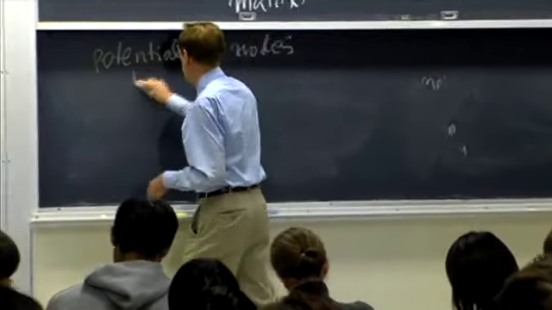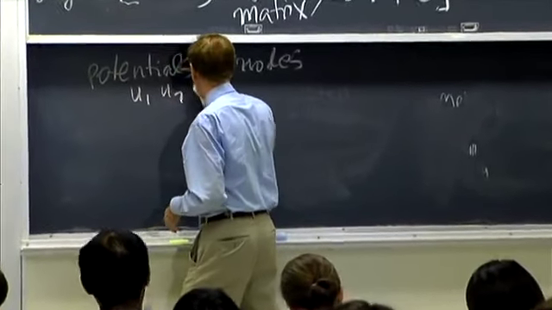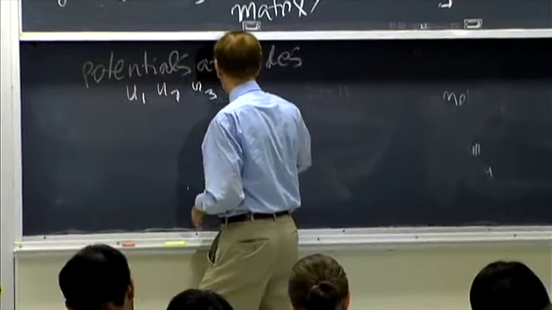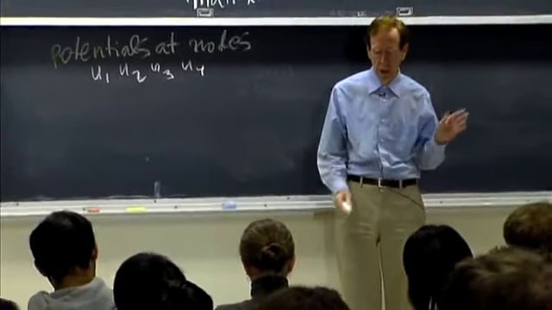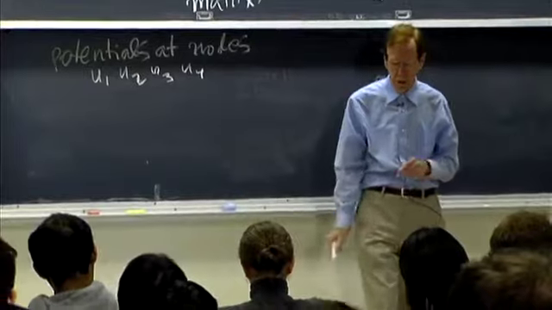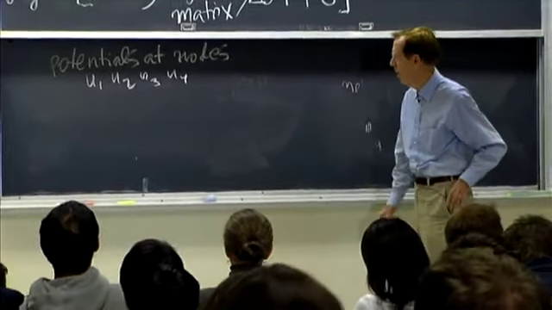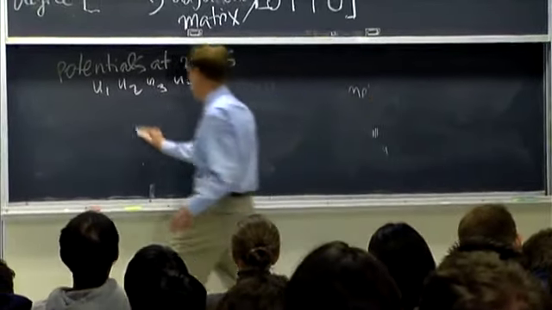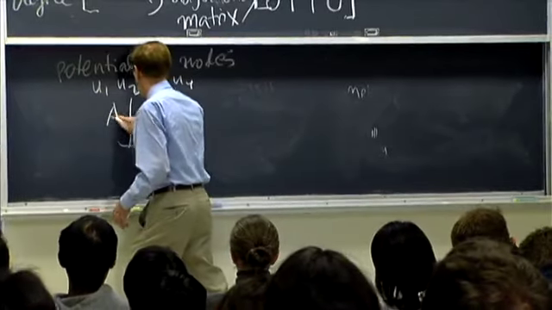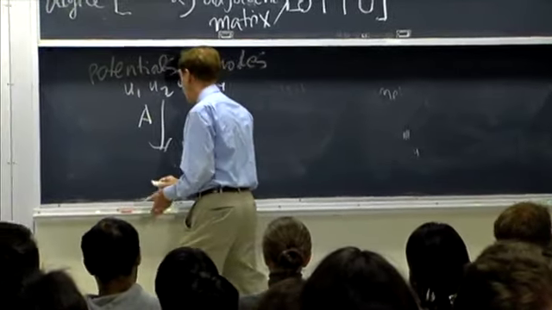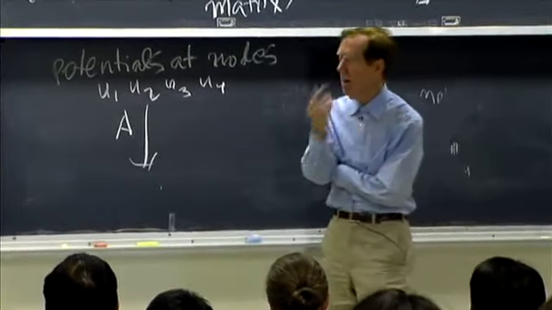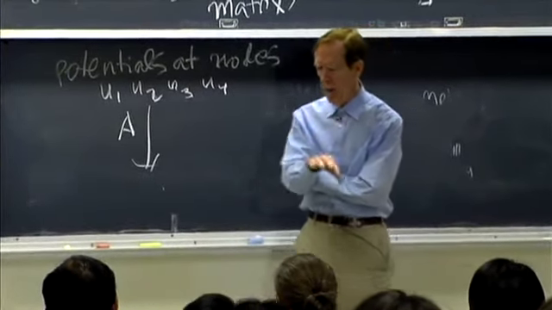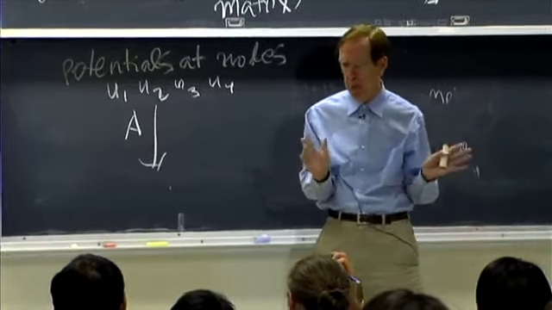So those will be U1, U2, U3, U4. Voltages, if I'm really speaking, the units would be volts. And now comes the matrix A. What do I get from A? Key question. If I multiply A times U, and you know that's coming, right?